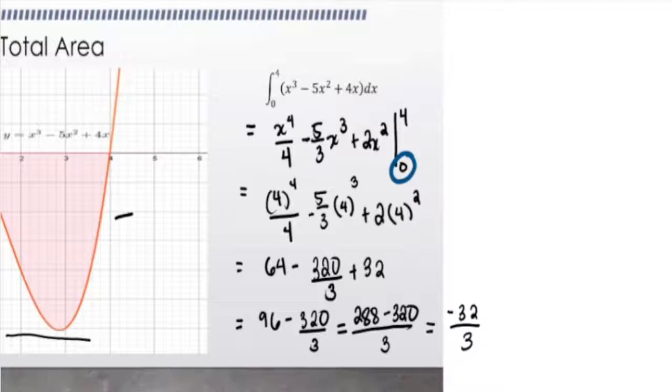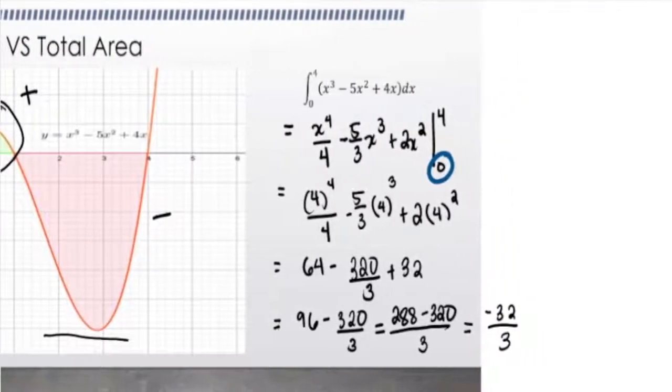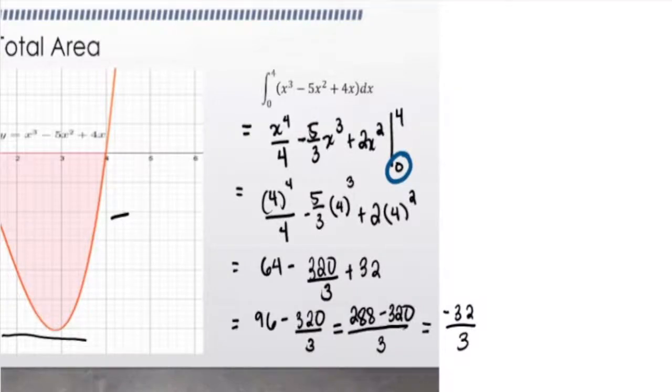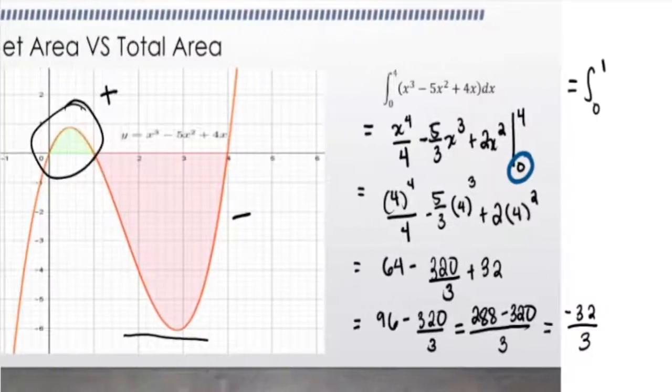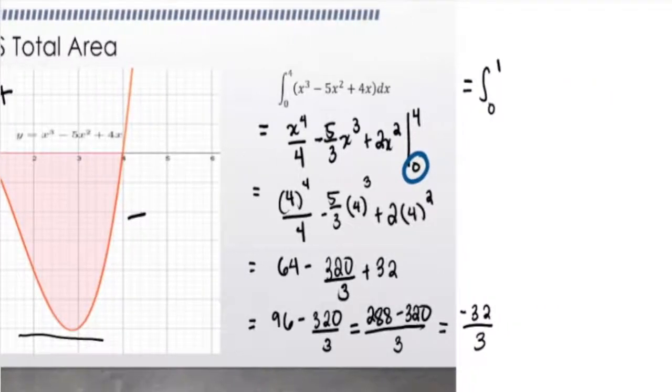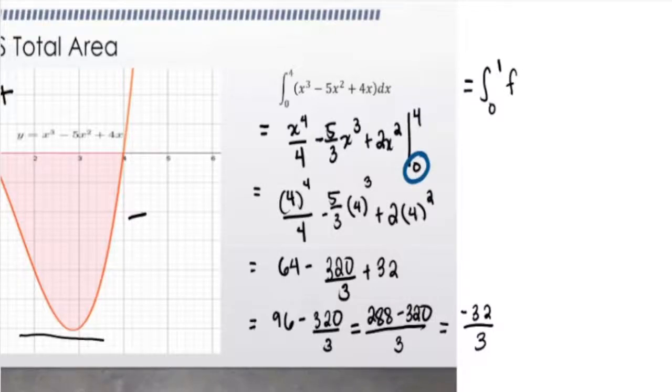So, if we want to solve for the total area of this region, we have to divide it into two parts. We're going to take the integral from 0 to 1. Ito yung green ng f of x na lang ilalagay ko para hindi ko isusulat lagi lahat.